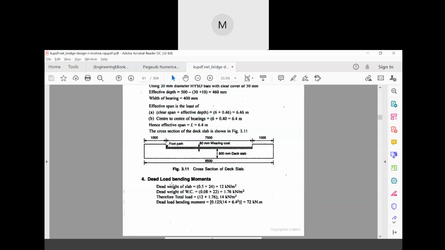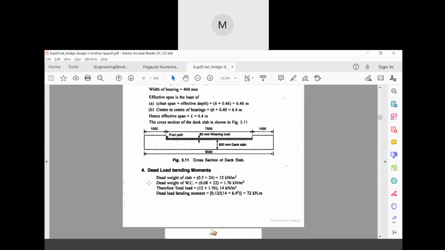I know that for more accurate purposes it will be 25 for RCC, but this calculation is being done using 24. You can do it using 25, I agree with that. But even considering 24, I don't think it will cause much difference.